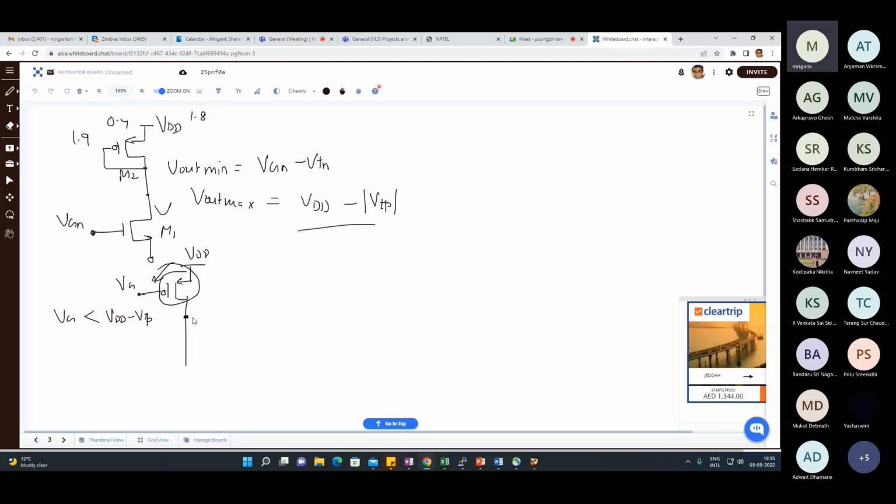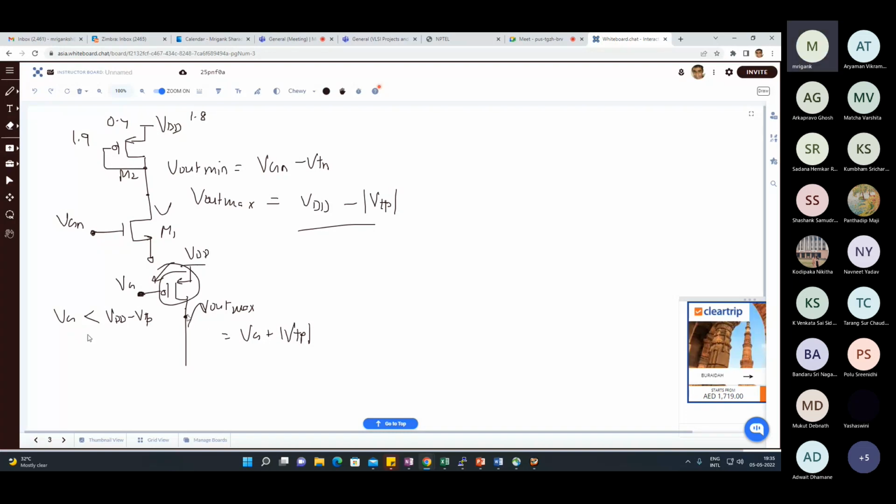In this case, the maximum output voltage, V out max, for the current mirror load is going to be VG plus mod VTP. Because compared to the gate voltage, if the drain voltage goes higher than mod VT, then this will enter into triode region. For PMOS, the drain voltage should not go higher than gate voltage plus mod VT, that we have discussed earlier.